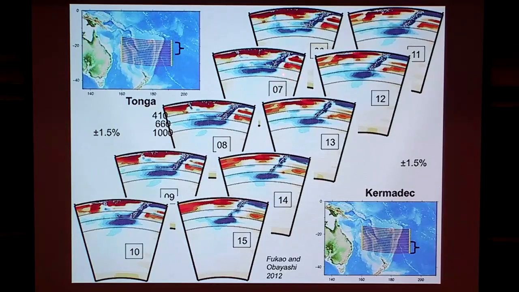Is this something that you resolved? Do you think it's real? Yes, I think it is something trapped below the slab. I'll show you at the end, if I get there, a comparison with a model that we did on the global scale using completely different data, which also shows this.